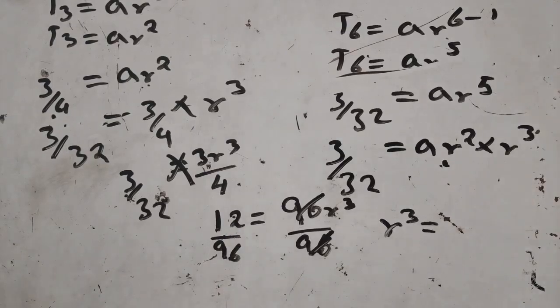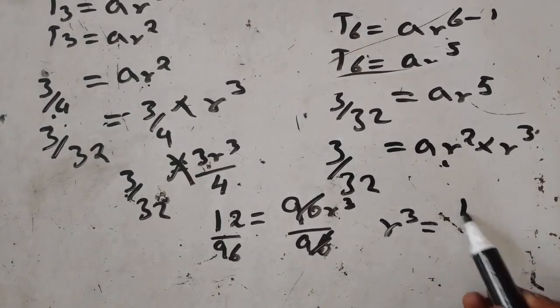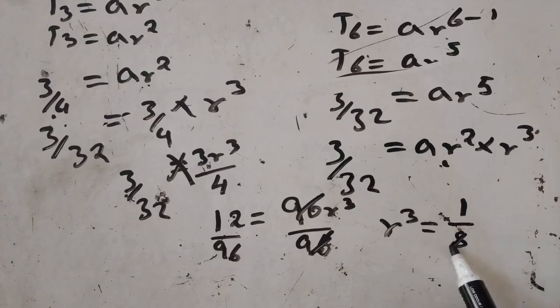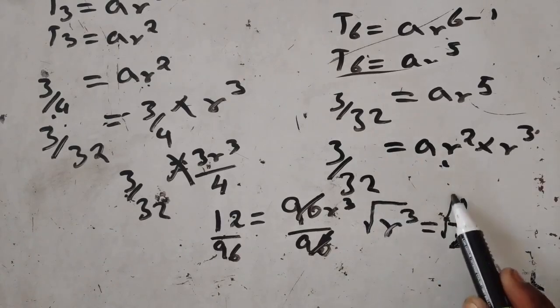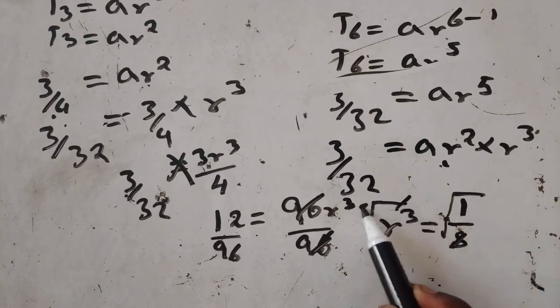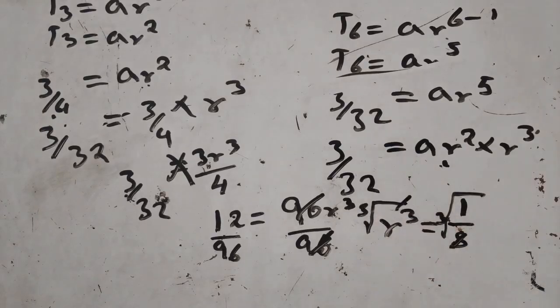After reaching this, you just find the cube root of both sides, so the cube root and the power cancel. So r is equal to the cube root of 1 over 8, which is 1 over 2. By finding the cube root, we mean the number which, multiplied by itself 3 times, gives this. So r is 1 over 2.